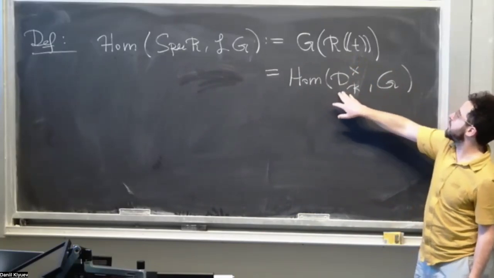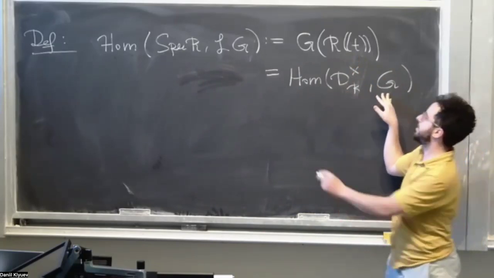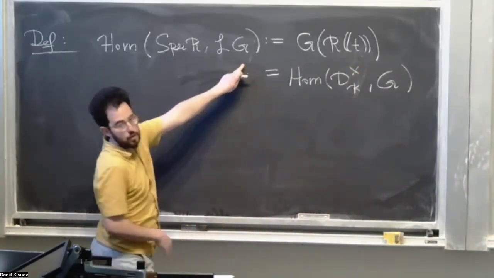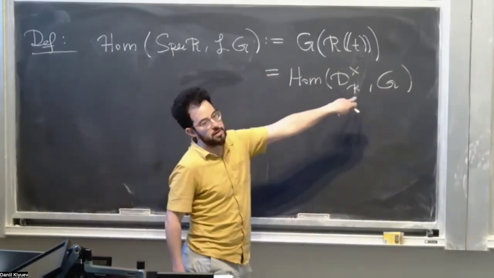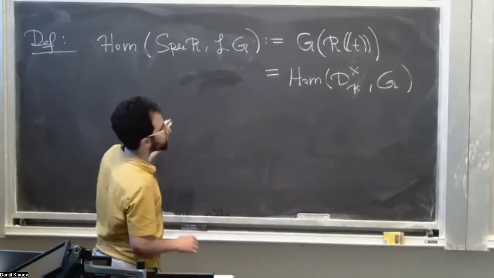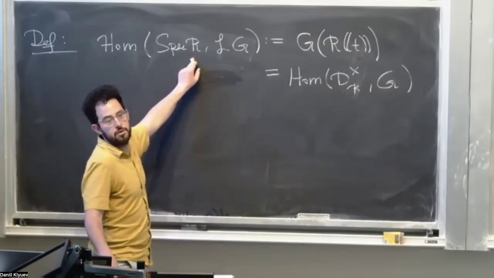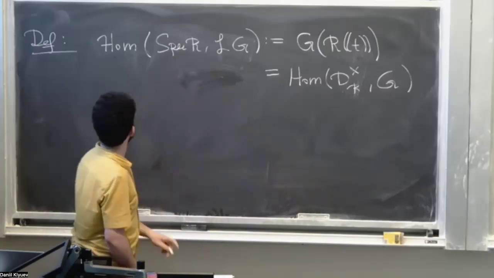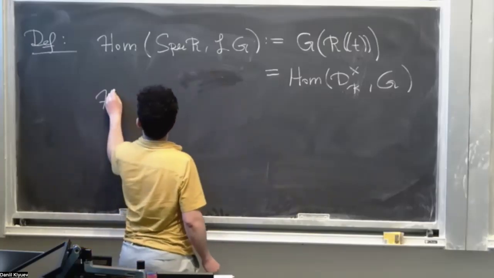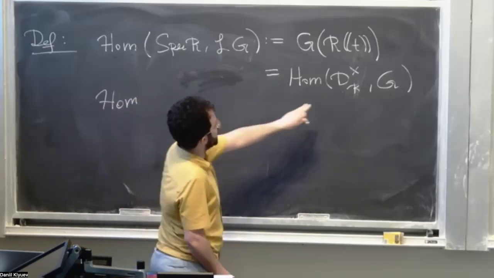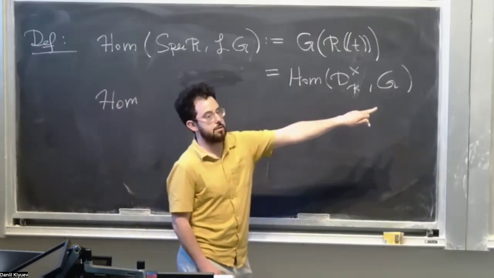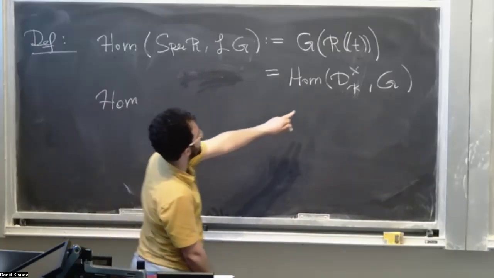We want maps from the punctured disk to G. This is basically the analog of the loop space, since the punctured disk looks like a loop. Here R is some commutative algebra over C. You can just take that as a definition, up to technicalities.